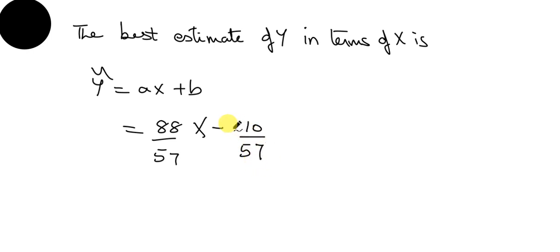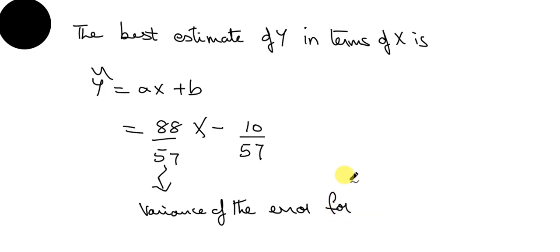Alright, now the first term here is 88 by 57. This is the variance of the error for the best estimate of y. So this particular term here is the variance of the error for best estimate of y in terms of mean.